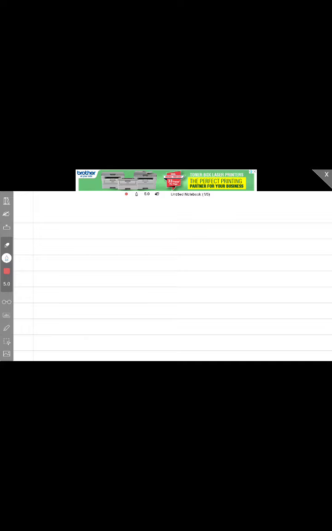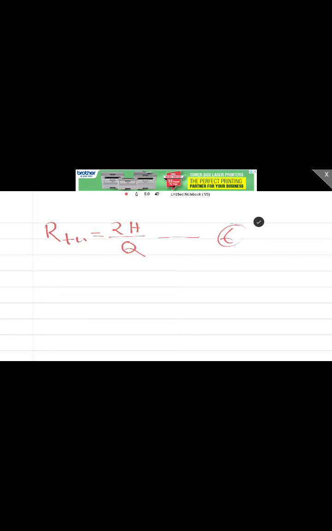So 4 and 5 cumulatively give us the value of R turbulent equal to 2H by Q. Say it is equation number 6. You can very well find equation number 4 and 5, and from that you can find the values of RTU. So you have found the turbulent flow resistance.